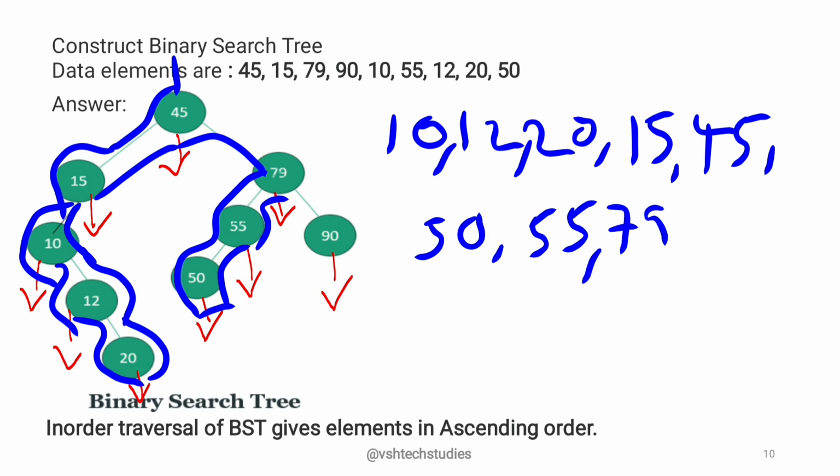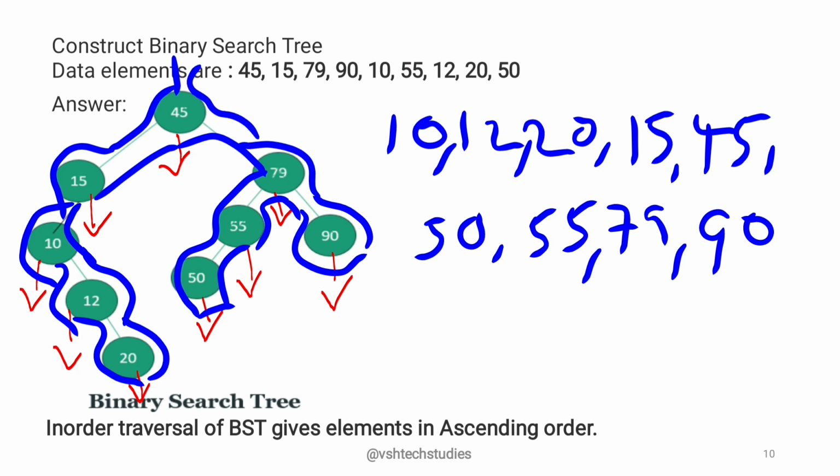After covering the left side, going to the right side, it is cutting 90. Then from the right side back to the root node, the procedure is over. Now if you observe here, inorder traversal of a binary search tree gives the elements in ascending order.